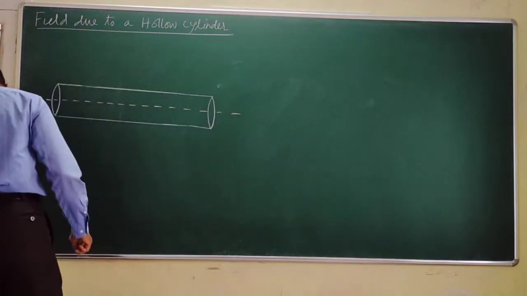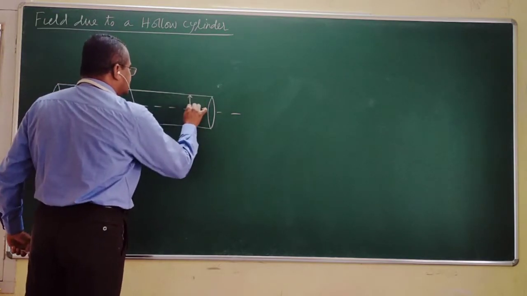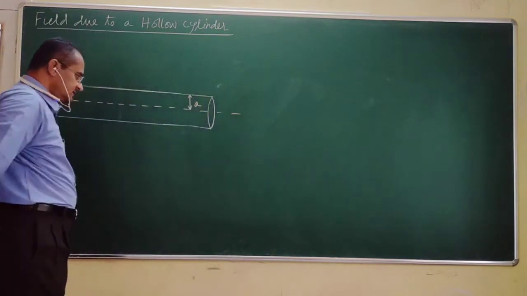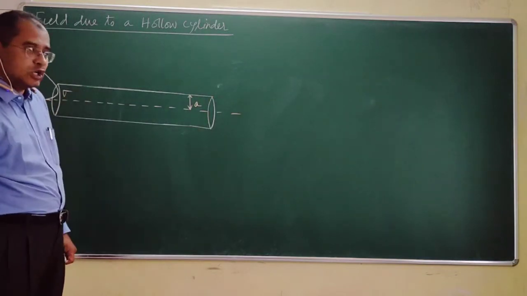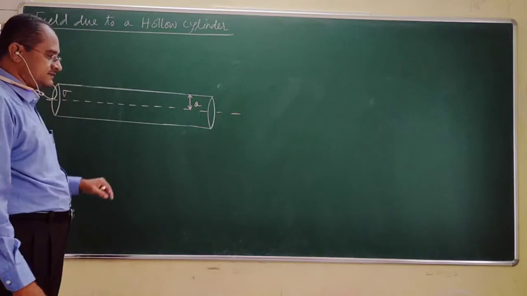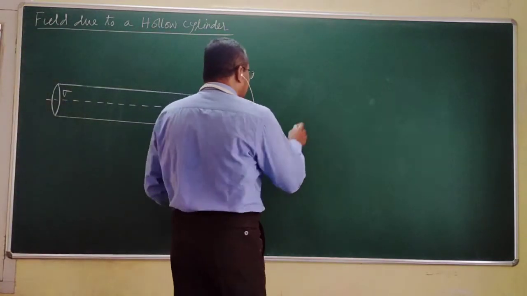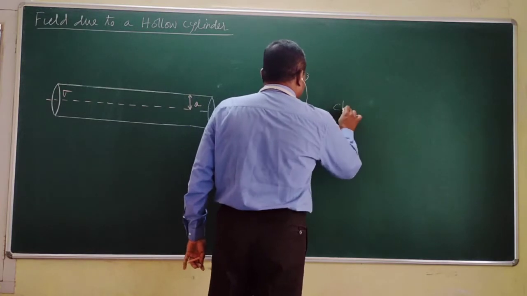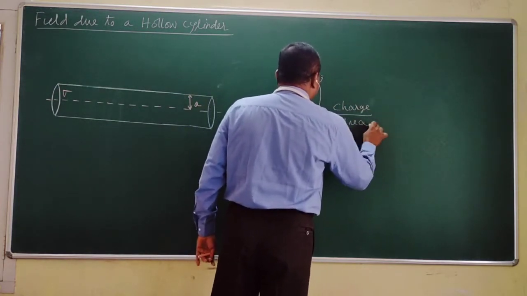Okay? And let us take the radius of this cylinder to be A, and the surface charge density of this hollow cylinder be sigma. When I say surface charge density sigma, it means sigma is charge upon area.